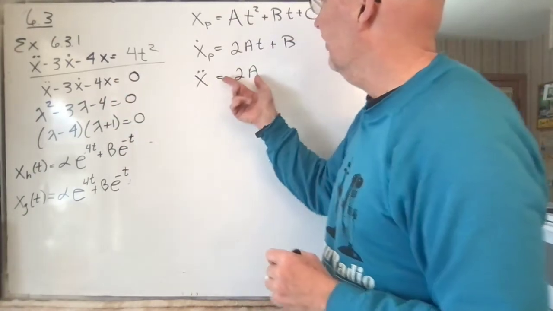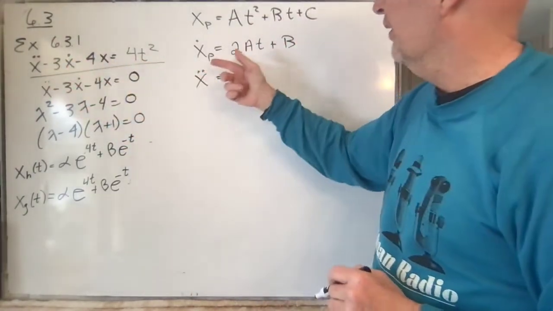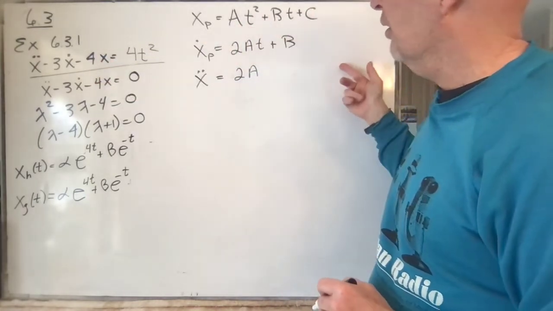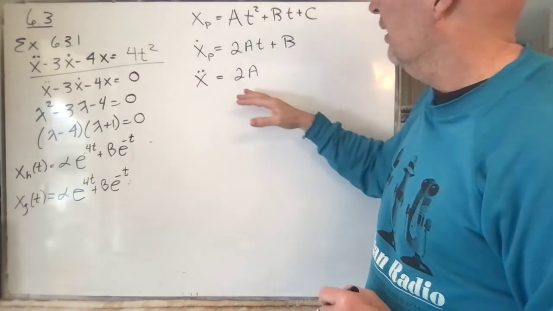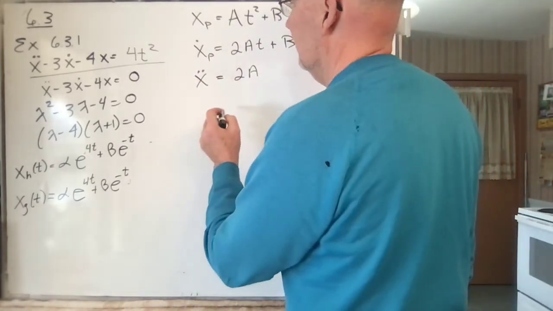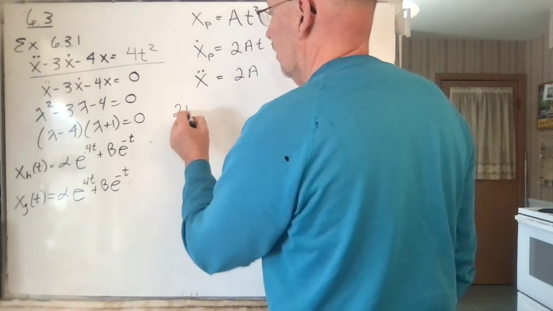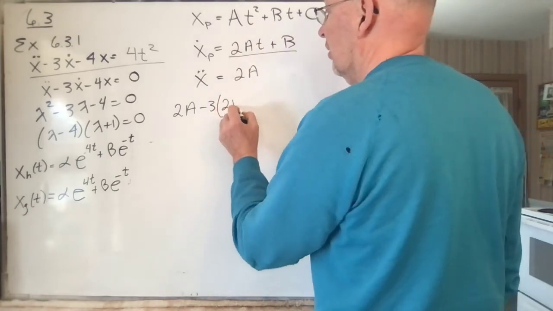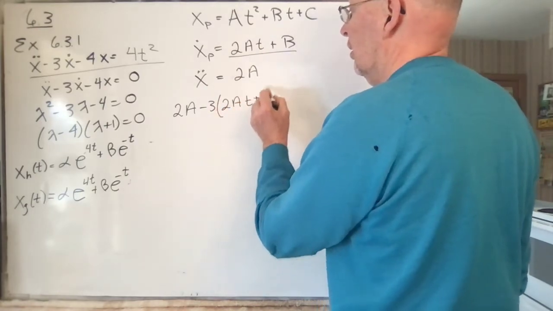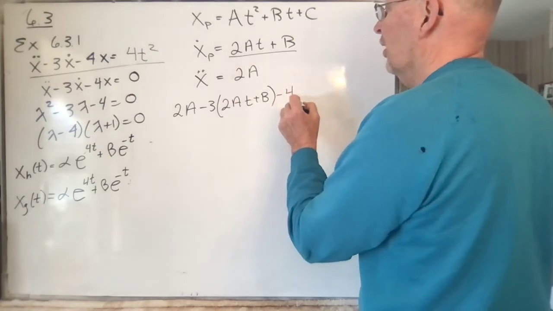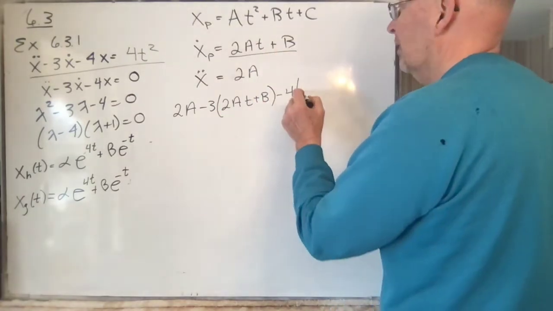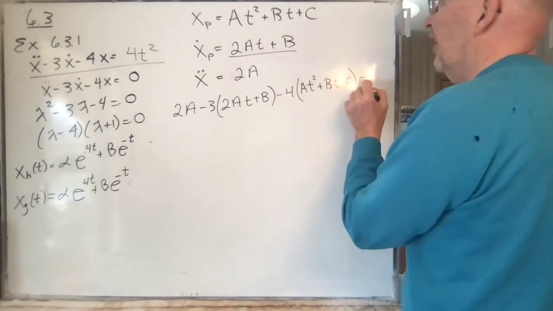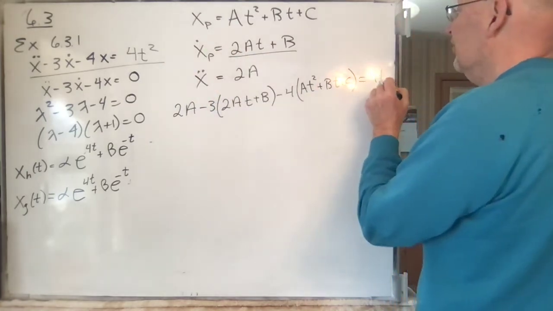You take this thing right here, then you take negative 3 times this, and then you take negative 4 times this, set it all equal to 4t squared, and well, let's just get you started on it anyway. So it's going to be 2a minus 3 times this, and then minus 4 times this, and that all has to end up just giving you 4t squared.